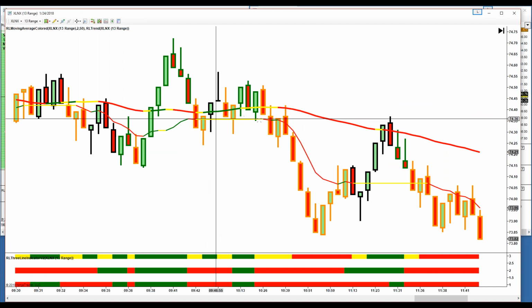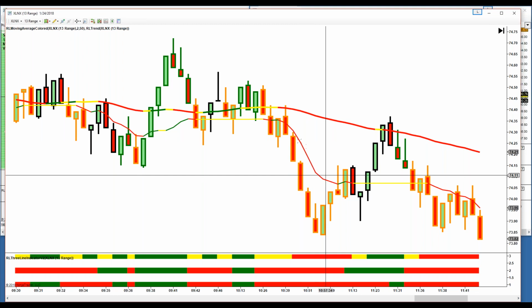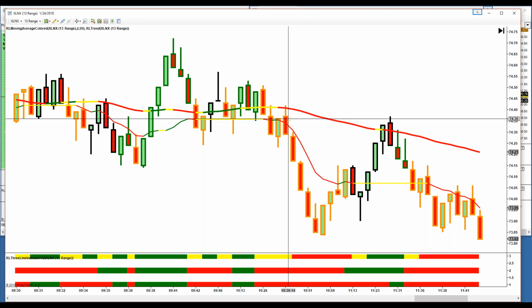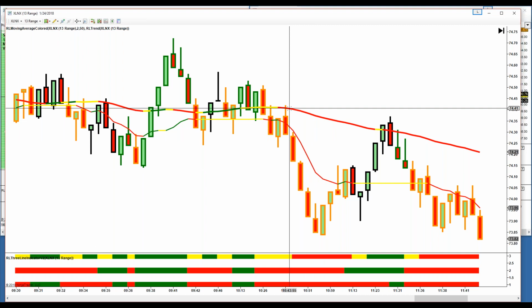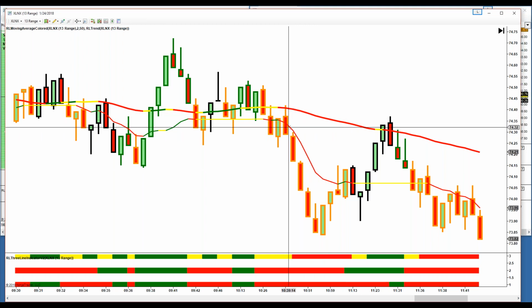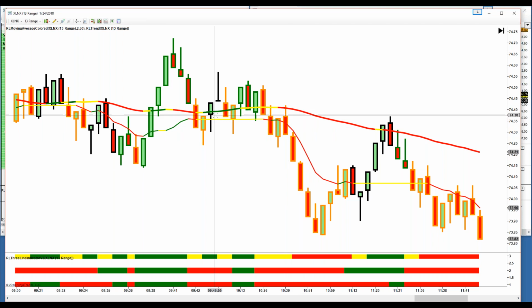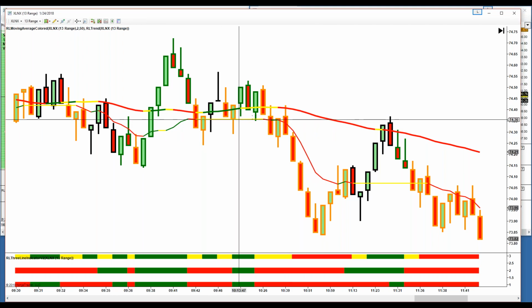When it goes yellow, it's an assessment of volatility over the 15 prior candles. And when you get red and red, you've got a great period to take a short trade. When it goes yellow, it always increases the risk for a trade.